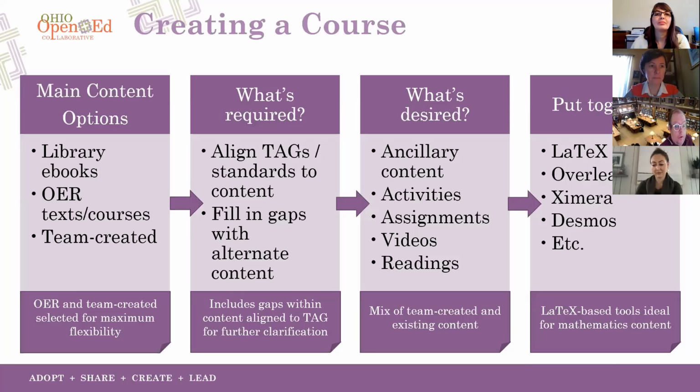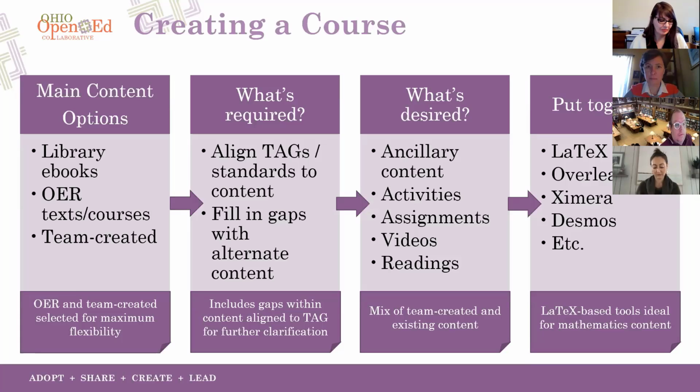And in terms of what was required, we have a system in Ohio called TAGs, Transfer Assurance Guidelines, that say that if you take a Calculus 1 course at Ohio State and Calculus 1 at Ohio Dominican, this is what should be in both of those courses in order to allow transfers between institutions within Ohio.